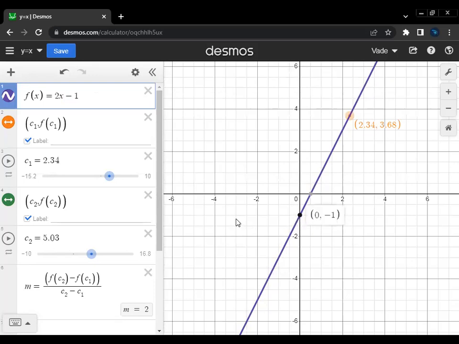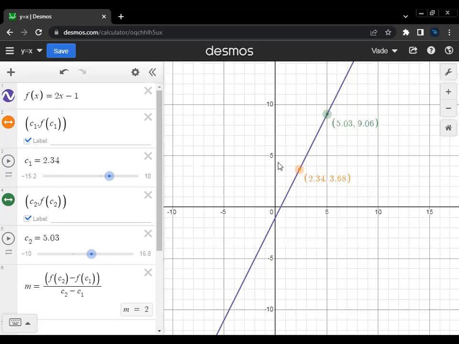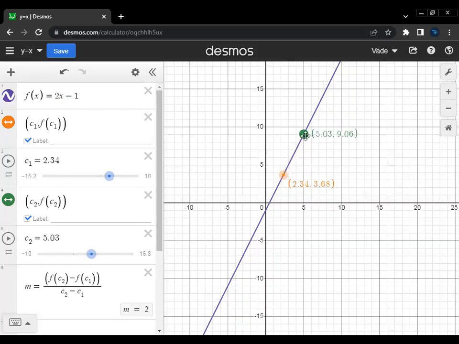So that's the y-intercept. But let's find the slope here. If I get the slope with these points, the answer is 2. If I use these other points and get the slope overall, the answer is still 2. So in other words, a line has its own slope.